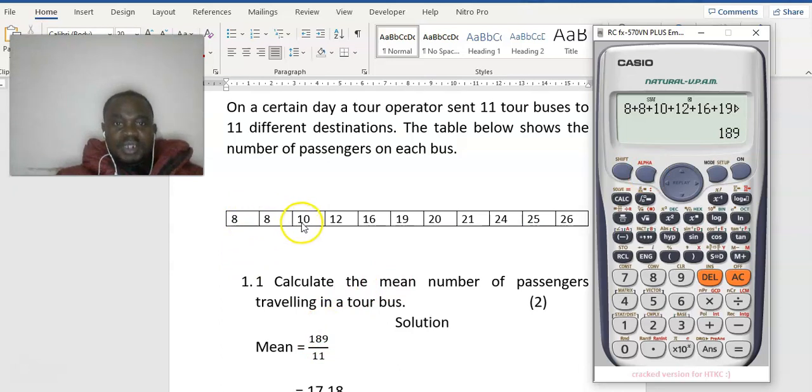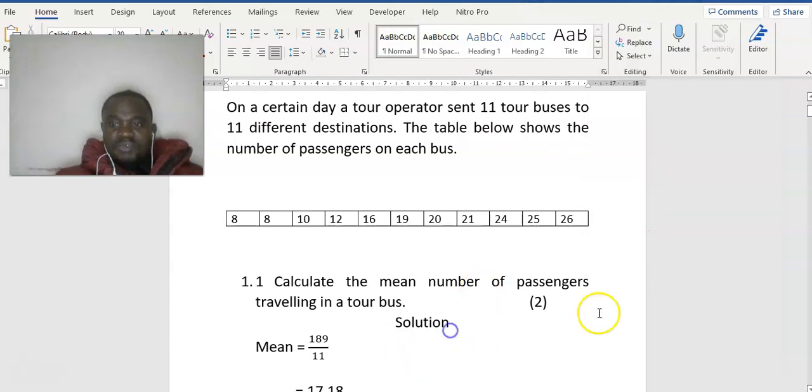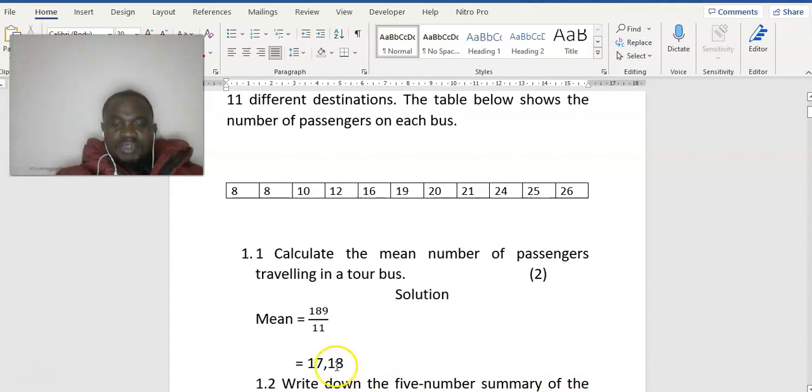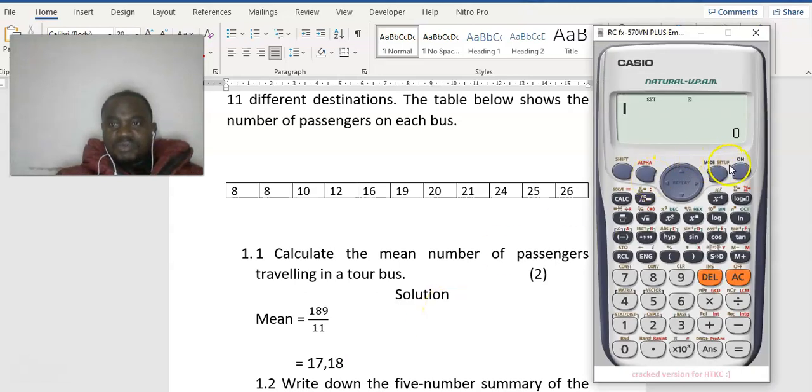1, 2, 3, 4, 5, 6, 7, 8, 9, 10, 11. And if we divide 189, it's going to give us 17.18. Let's divide and see. This one is not a problem. You know how to divide.